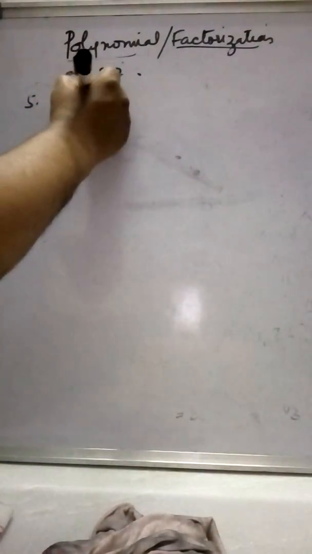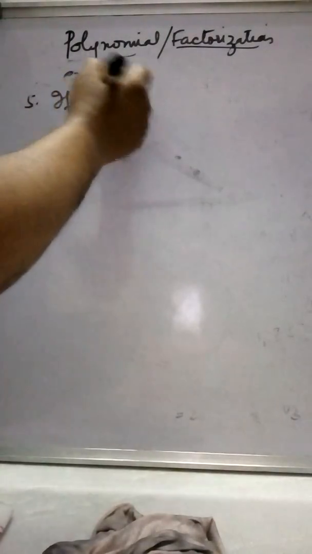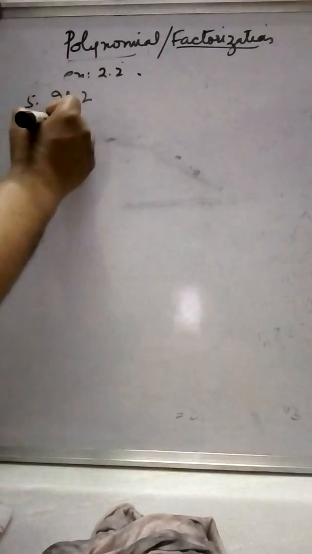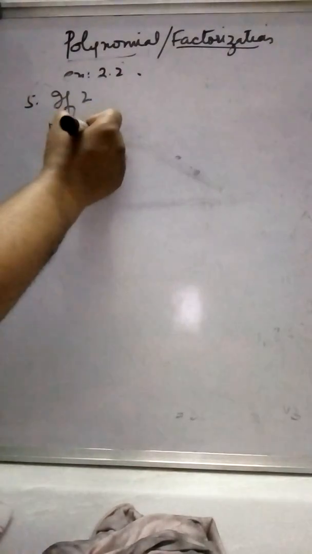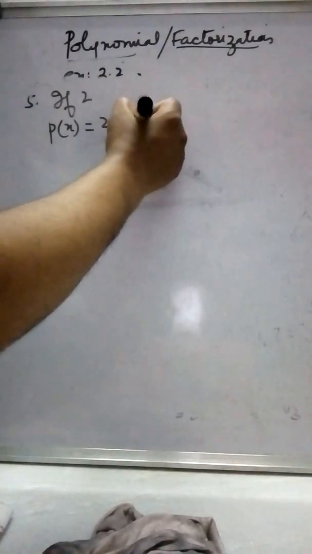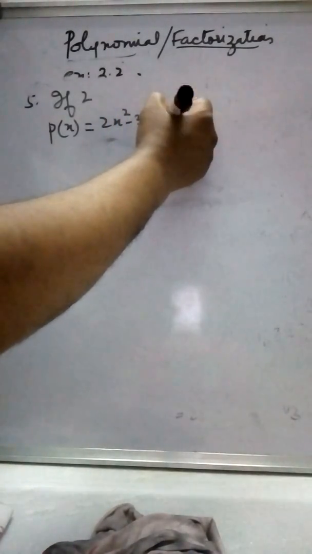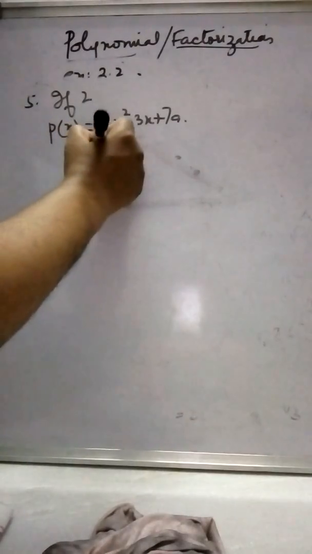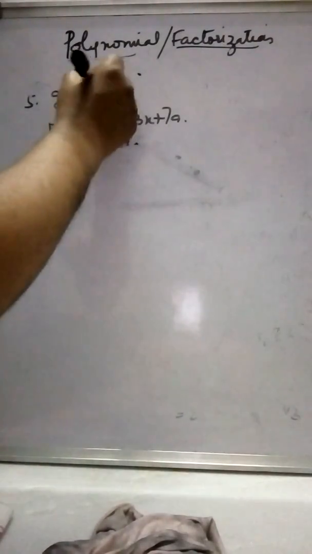The fifth problem is given as: if 2 is the 0 of the polynomial, then find the value of a. The polynomial is given as p of x is equal to 2x square minus 3x plus 7a. I have to find the value of a.